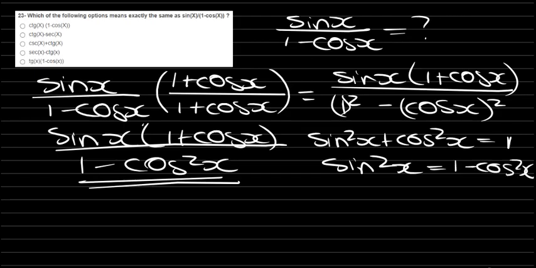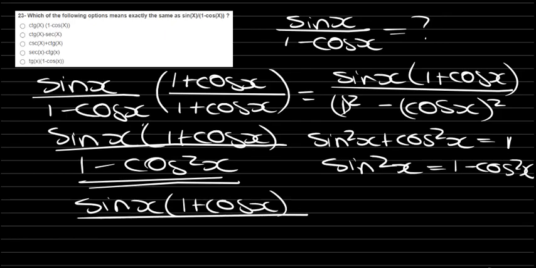Okay, so we'll see that this is the same as that, so we can change this to look like this. Sine x, let's write the top, 1 plus cos x. We still leave that as is, we're busy focusing on the bottom, sine squared x.